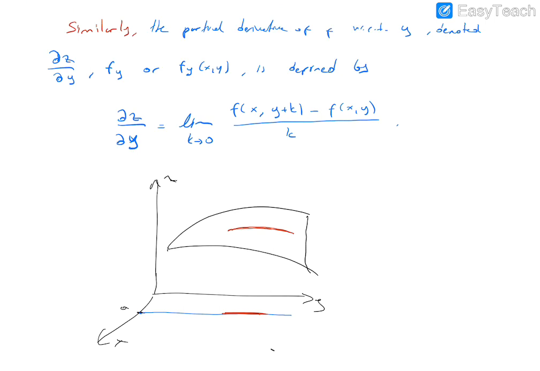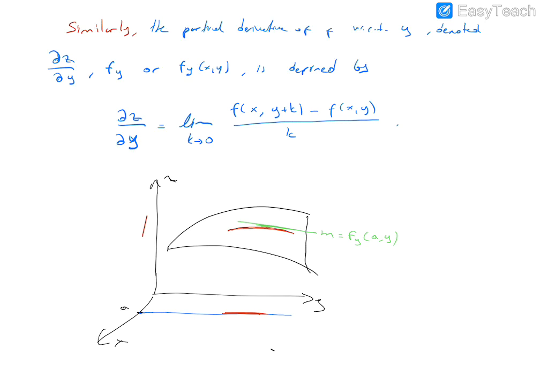So the derivative of f with respect to y at the point a comma b represents the slope of the curve obtained here. I mean, this slope of this tangent line is the derivative of f with respect to y at the point a comma b, because y changes.